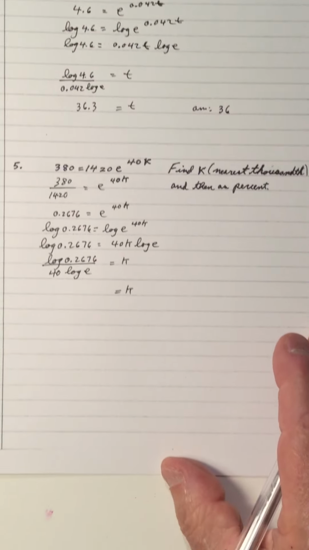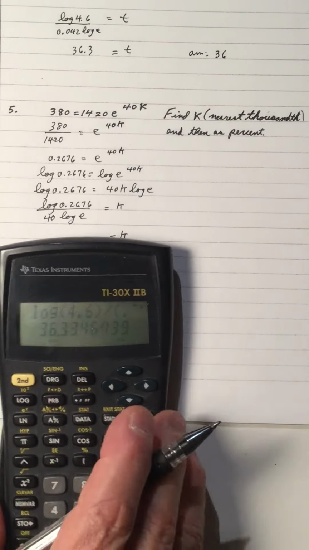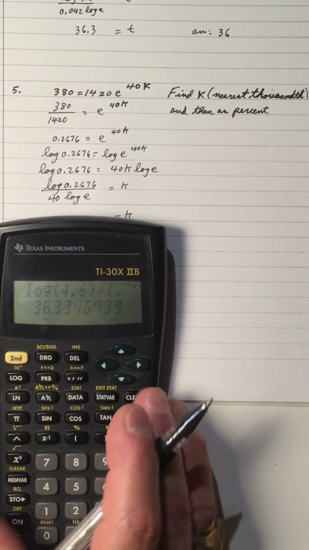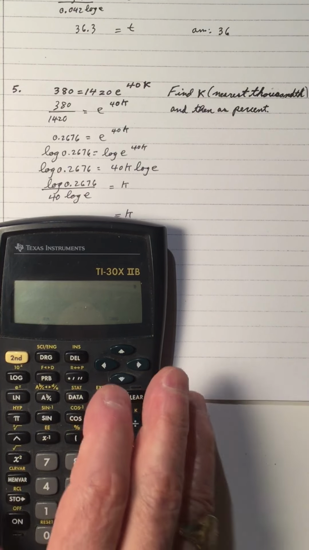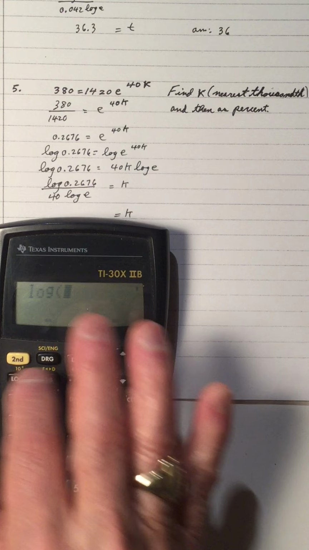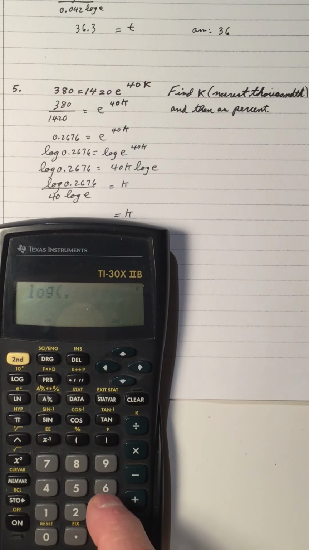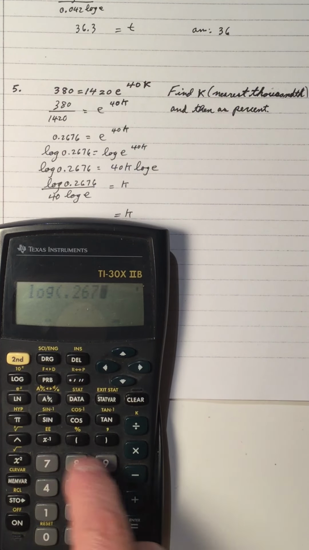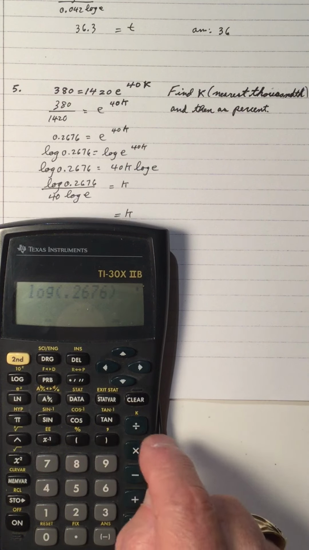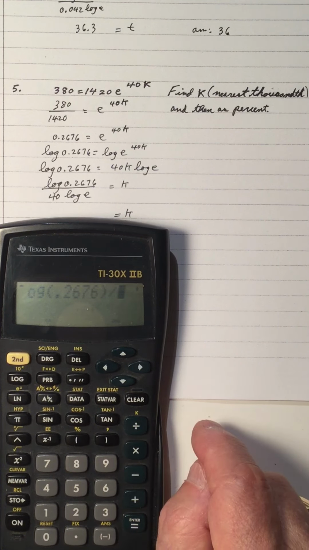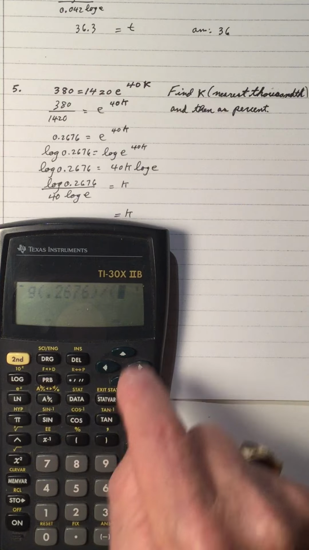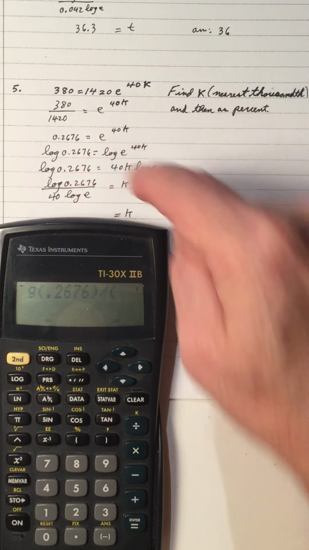and push that up. And again, I've got to be careful. Log, decimal 2676. Close it off. Division, and I've got to do the bracket to close this multiplication in the bracket.